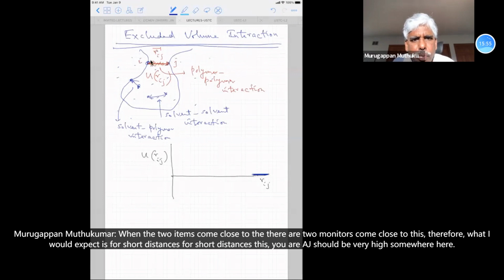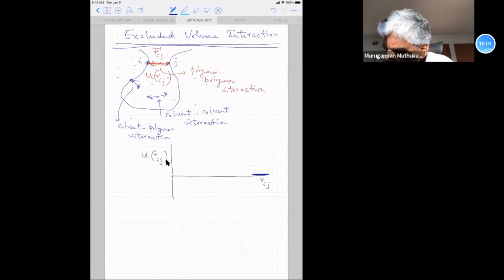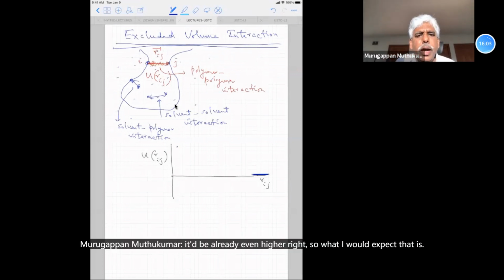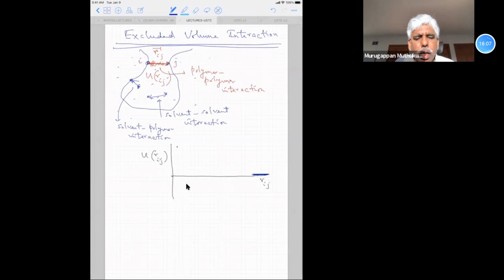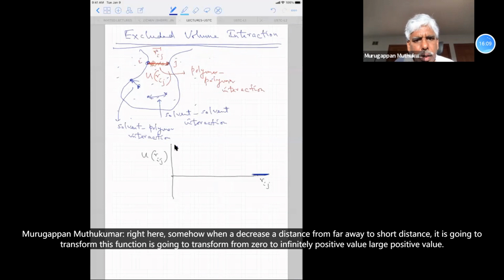Therefore, what I would expect is for short distances, this U(Rij) should be very high, or even higher. So somehow when I decrease the distance from far away to short distance, this function is going to transform from 0 to a large positive value.